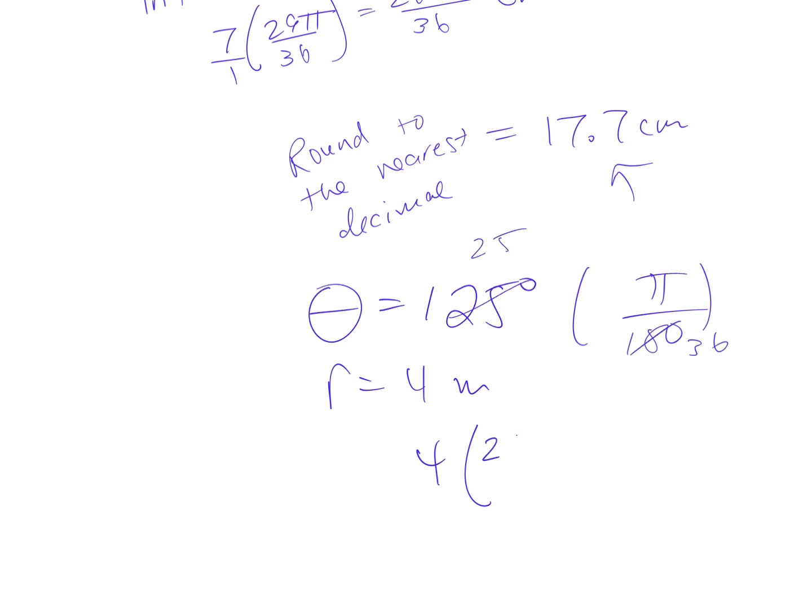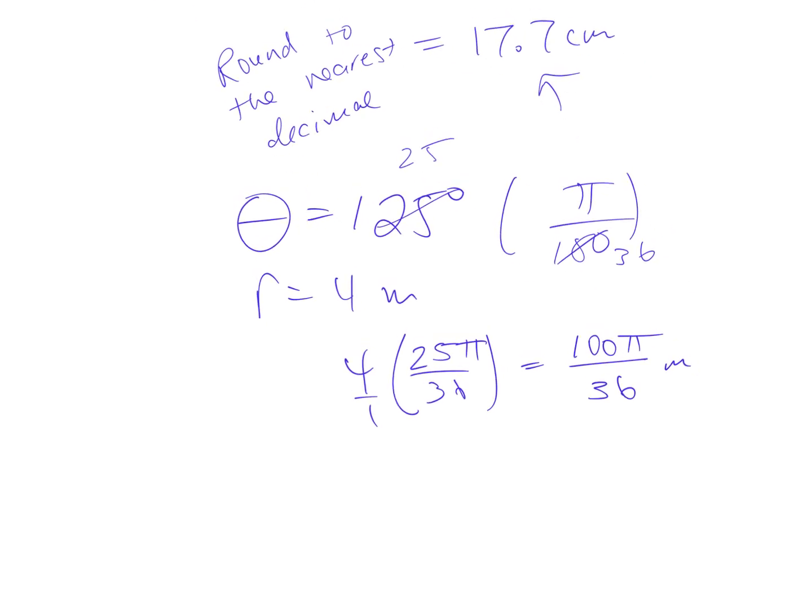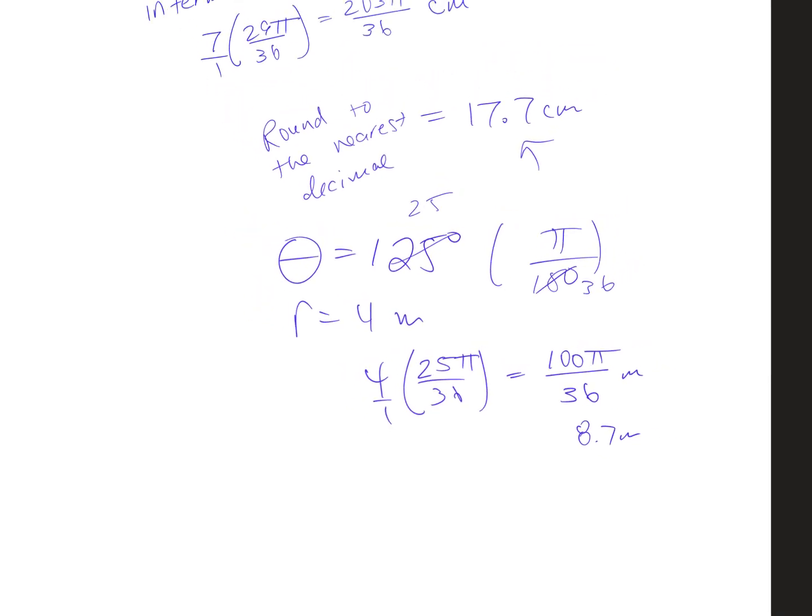So your angle would be 25 pi over 36. This is over 1, right? So it would be 100 pi over 36 meters, if it was in terms of pi. If it was a decimal, you would take 100 times pi, and then divide it by 36, and get 8.7. So just depending upon how they tell you to answer the question. Okay, we good?